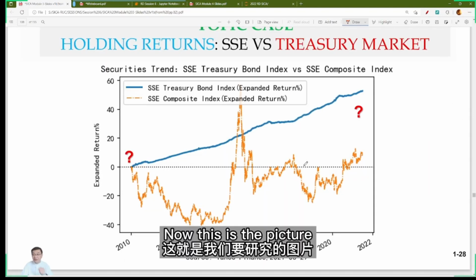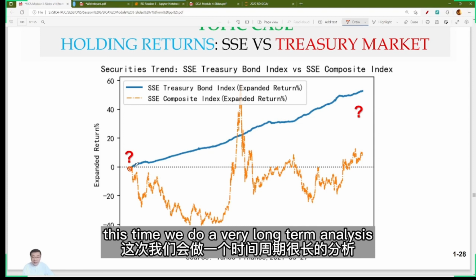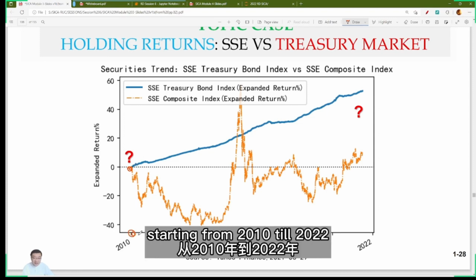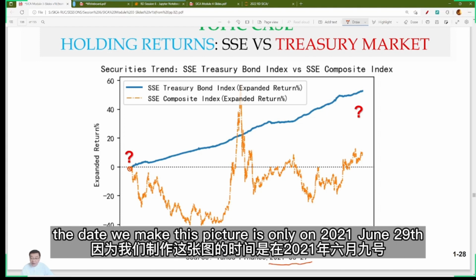Well, this is the picture. And in order to answer this question with higher confidence, this time we do a very long-term analysis, starting from 2010 till 2022. Not 2022, actually May 2021, because the date we made this picture is only 2021, June the 29th.